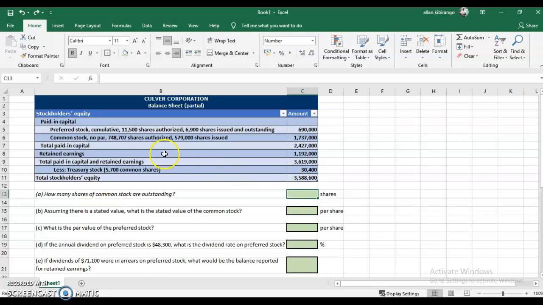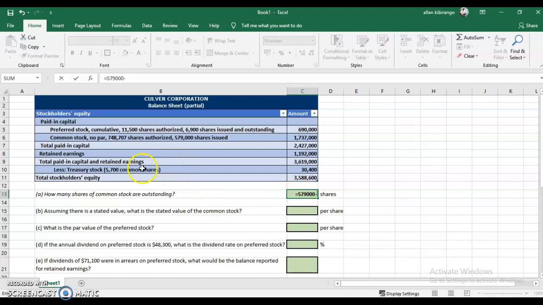I repeat, I considered the number of common shares issued, which is 579,000, minus the number of treasury shares.